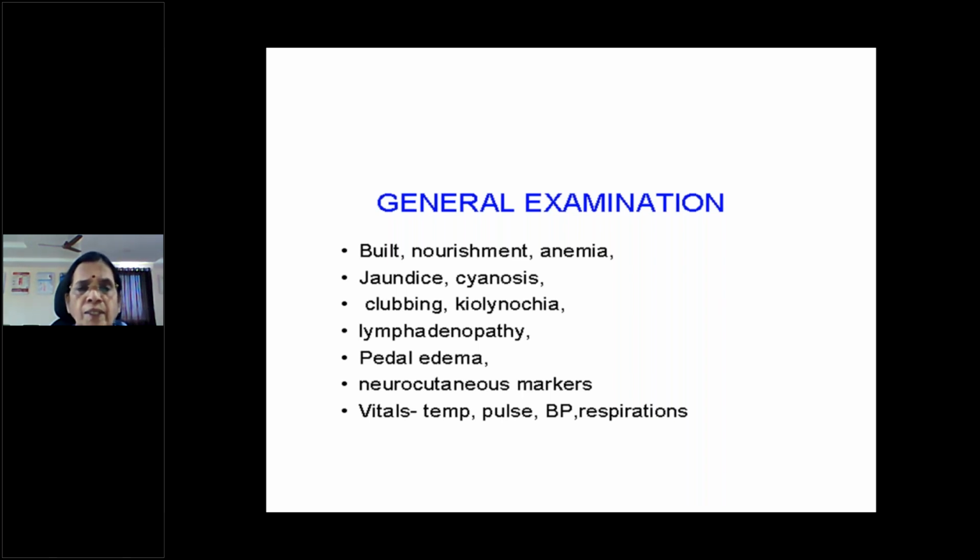Cyanosis once again indicates, in case of a valvular disease, say a patient having TOF, tetralogy of Fallot, they can develop a brain abscess. So cyanosis, later developing a neurological deficit. Like that, everything has got an importance. Clubbing is usually not a feature of CVA, but in case of some poisonings or some nutritional problems they can have clubbing.